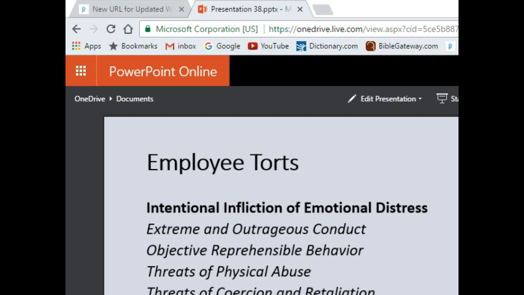What does is that the behavior or the conduct must be objectively reprehensible. In that handout, which if you haven't read, please do, it's entitled The Tort of Intentional Infliction of Emotional Distress in the Context of Employment. Make sure you read that.